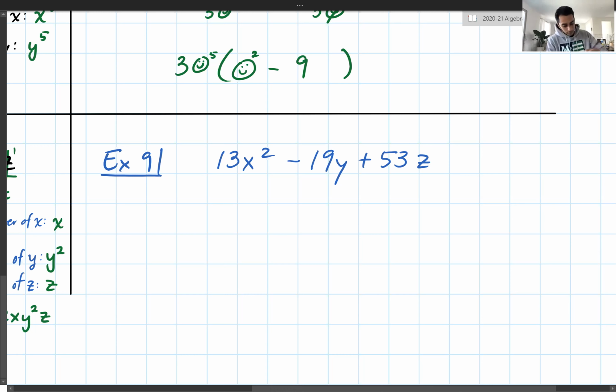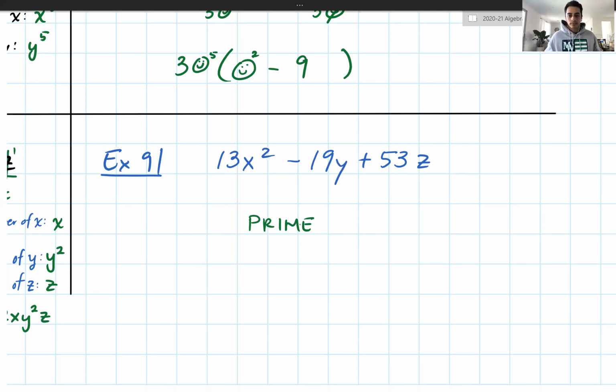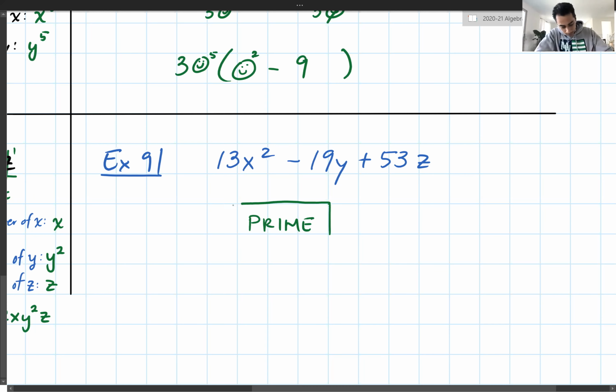All right. So this is what we call a prime, kind of like a prime number, because prime numbers can't be factored any further besides dividing by 1 or dividing by the number itself.